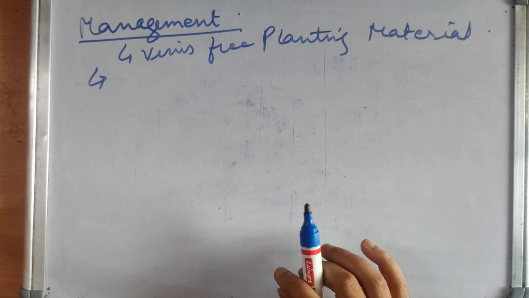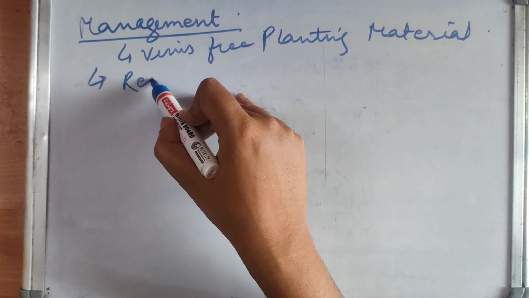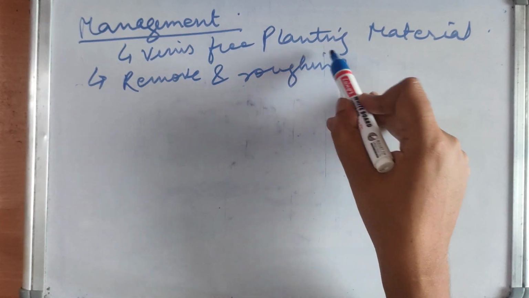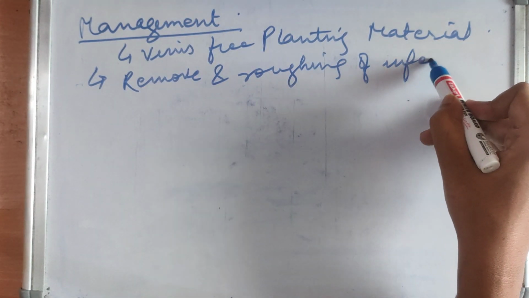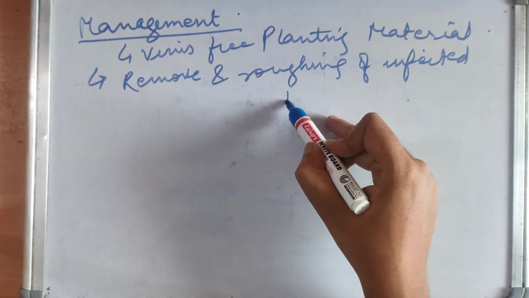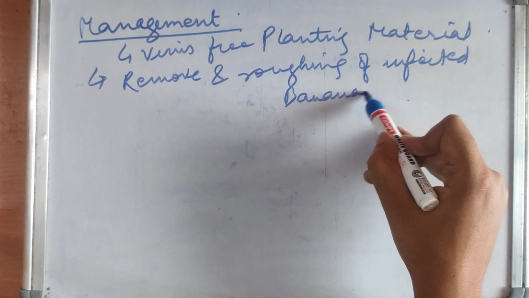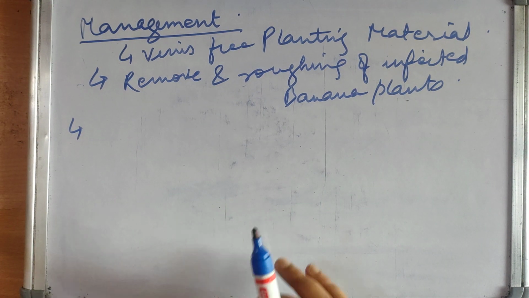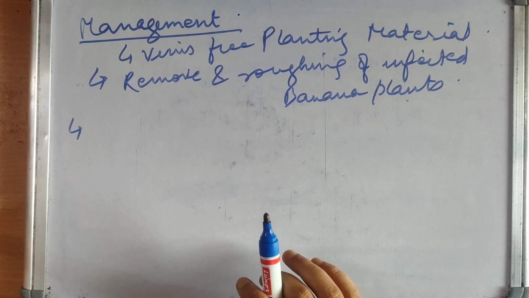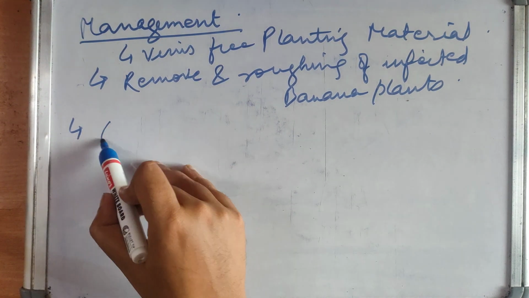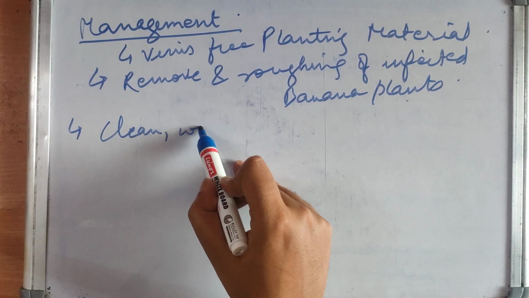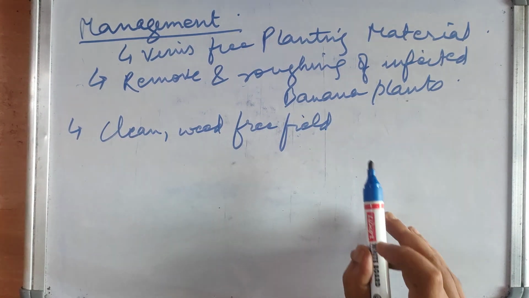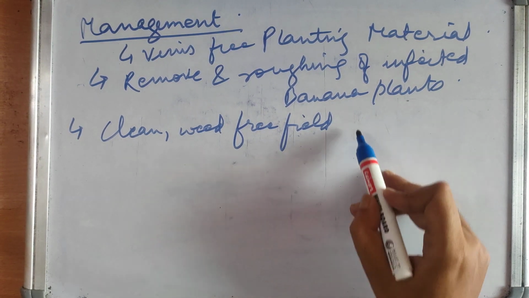Remove and rogue out infected banana plants. Maintain a clean, weed-free field for early detection of infected suckers.